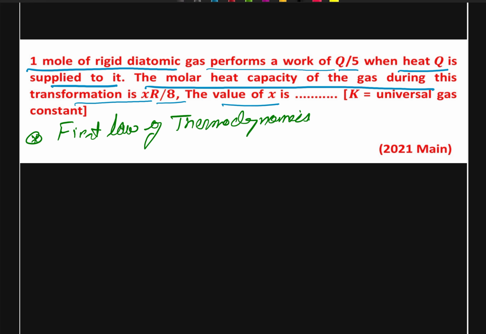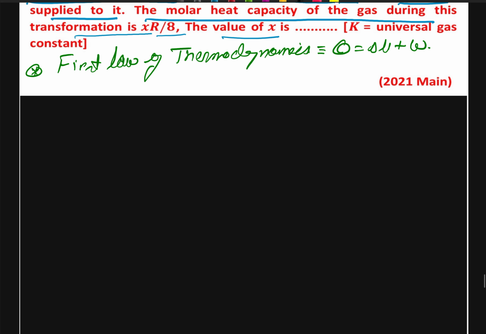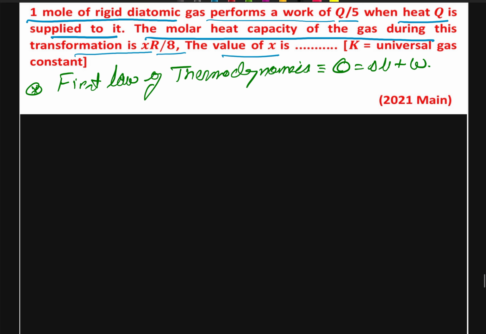First law of thermodynamics gives us that Q, heat supplied, is equal to internal energy plus work done, and we are given that work done is equal to Q upon 5.